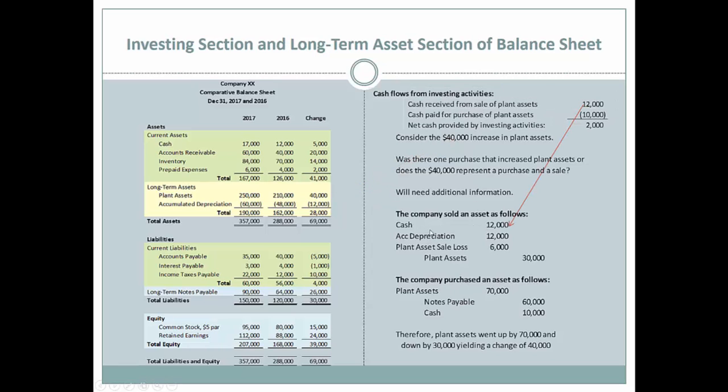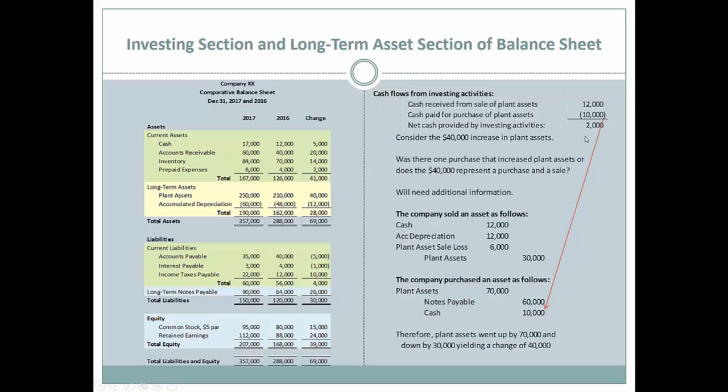So we're only looking at the cash portion of these transactions. The cash received from the sale of the plant asset was $12,000. So focus only on cash and what we're putting together in the statement of cash flows. Next, we spent cash in the amount of $10,000 to purchase the asset, so the net cash provided by investing activities was $2,000.